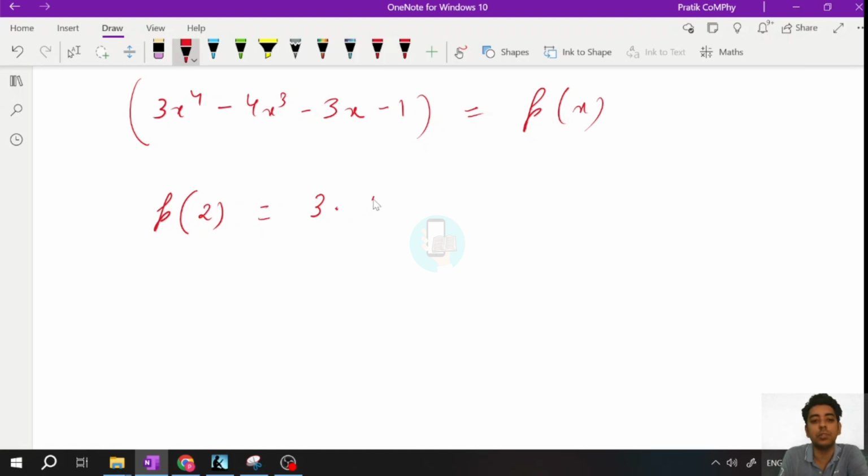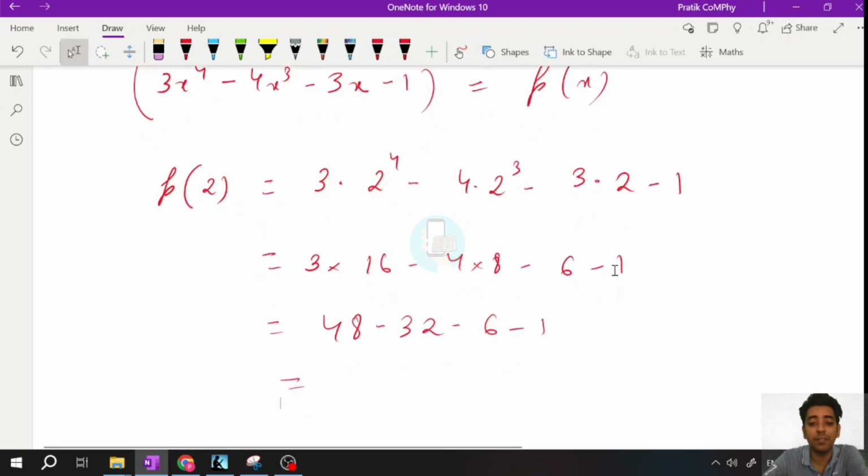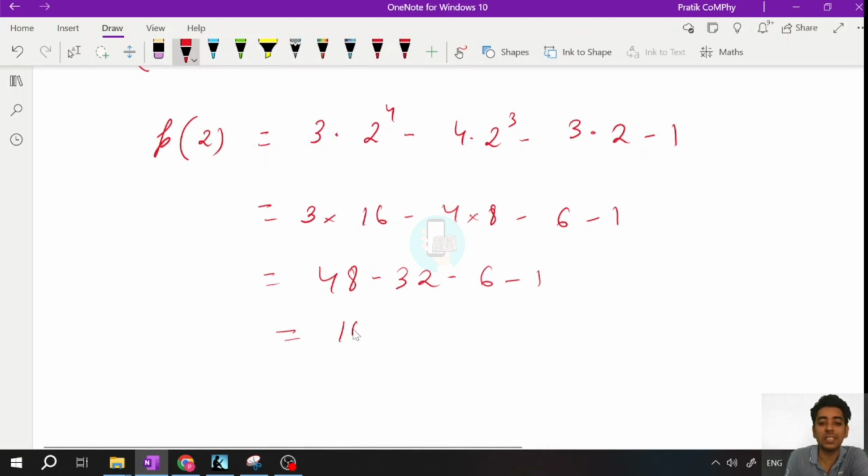So 3 times 2 to the power 4 minus 4 times 2 to the power 3 minus 3 times 2 minus 1. So when I solve it, I'll get 3 times what? 16 minus 4 times 8 minus 6 minus 1. So this is 48 minus 32 minus 6 minus 1. So simplifying further, you would be getting what? 16 minus 6 minus 1.